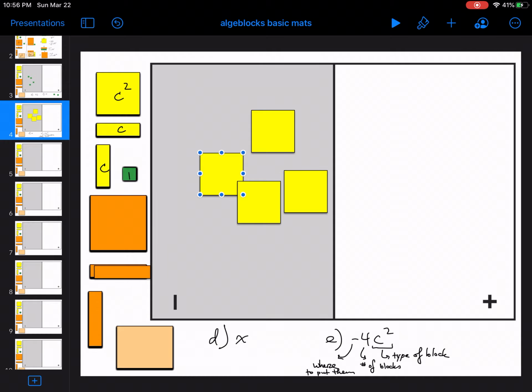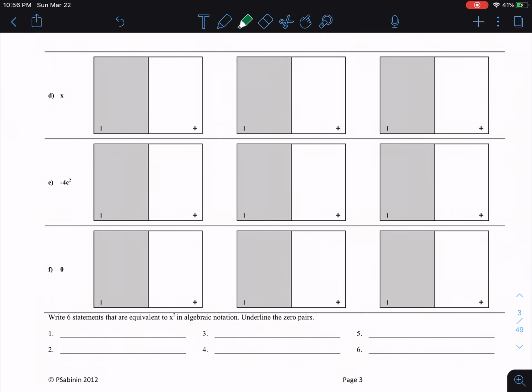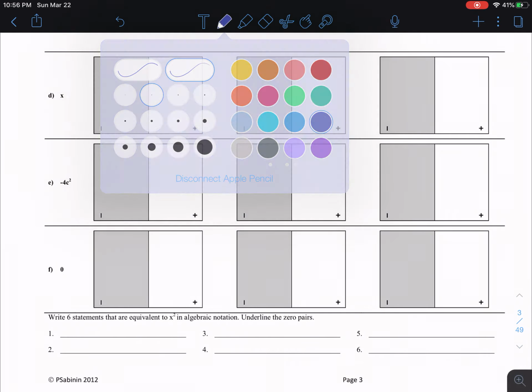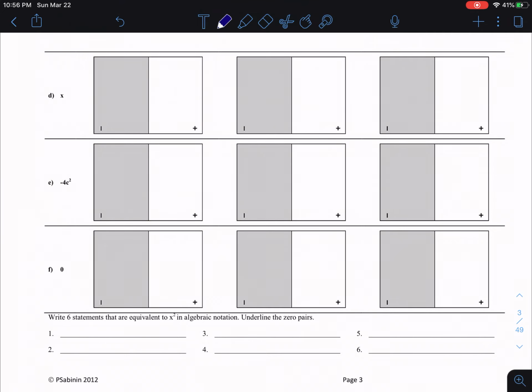Let's go back to drawing these. So if you remember, I'm just going to switch to a neutral color here so that I don't have to color code. I'll just be able to describe them by size. So if I want x, my x can be a rod, any rod that is positive x.